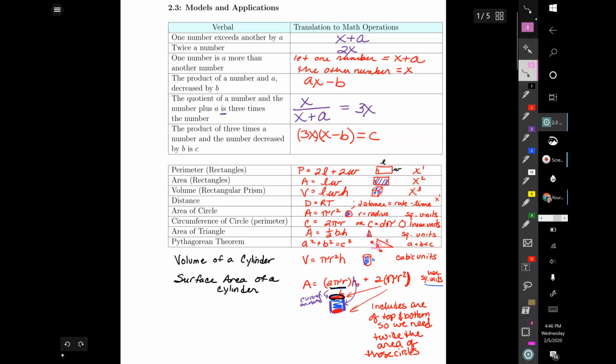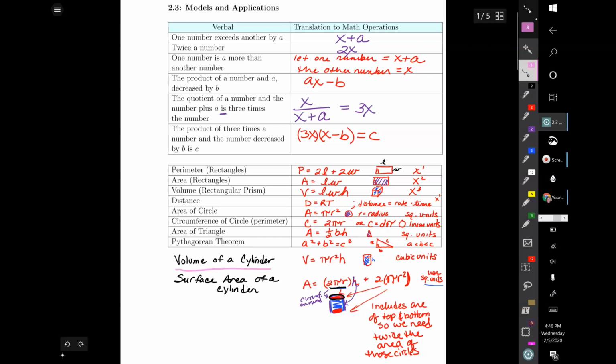Again, that has to be a right triangle. The area of a triangle doesn't have to be a right triangle, but the height needs to form a right triangle with the base. But Pythagorean Theorem for sure has to be a right triangle. The legs would be shorter than the hypotenuse, C.